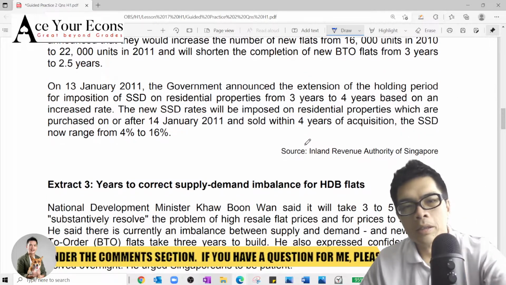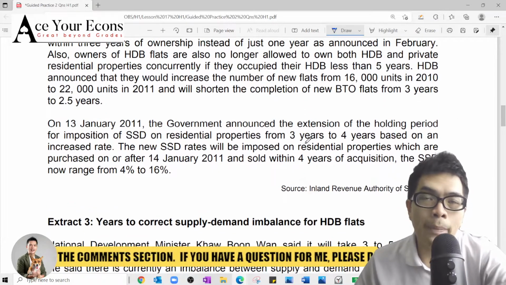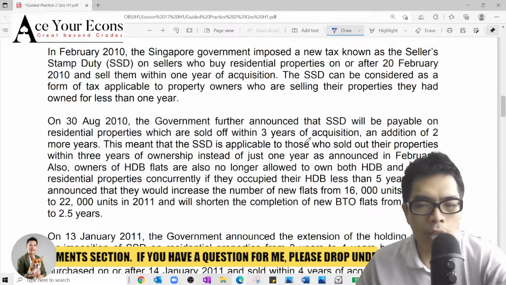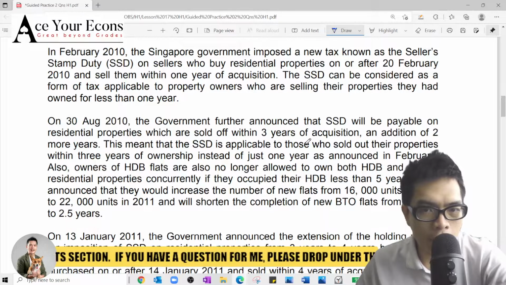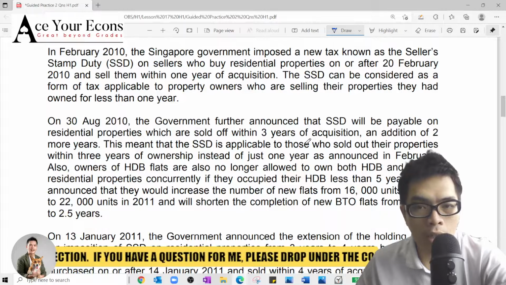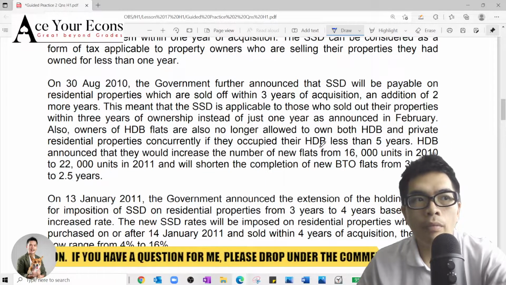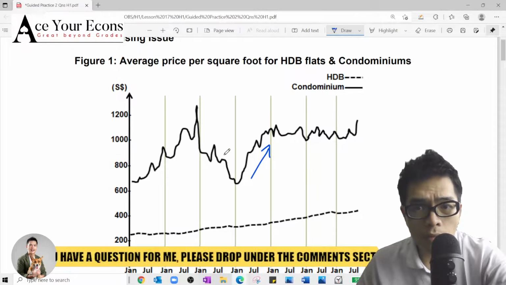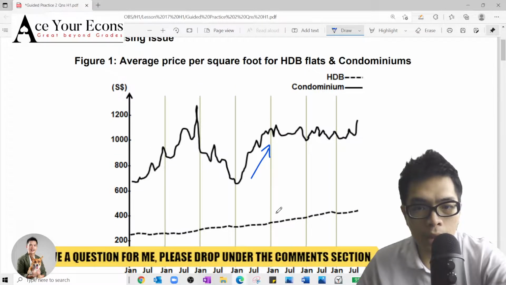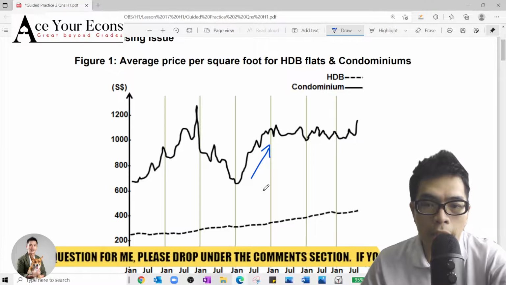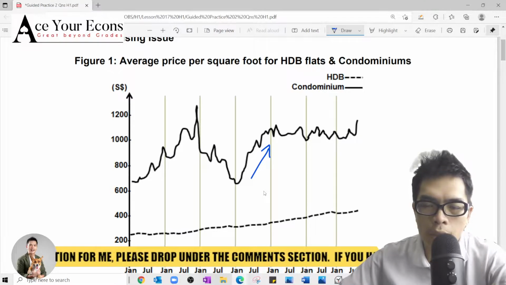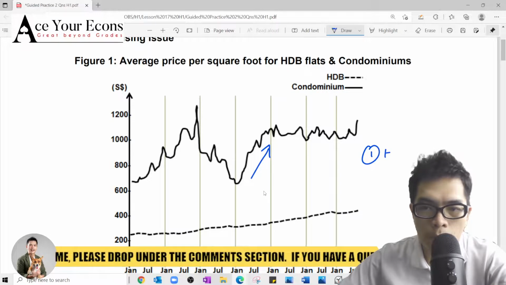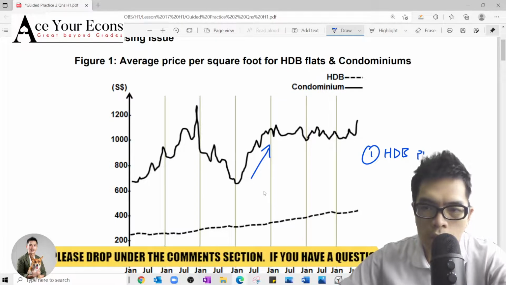Okay. So this is why I mentioned that A1 and A2 are closely related. And just now, the answer that you provided in A1, the anomaly is not helping here. So if you look at condo and HDB, another anomaly that you can consider would be number one, HDB price is consistently lower.